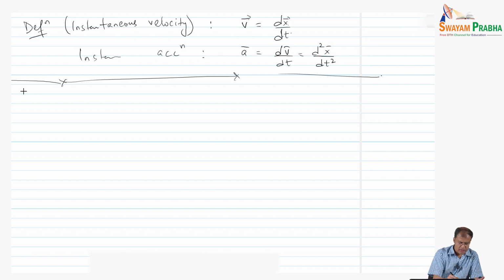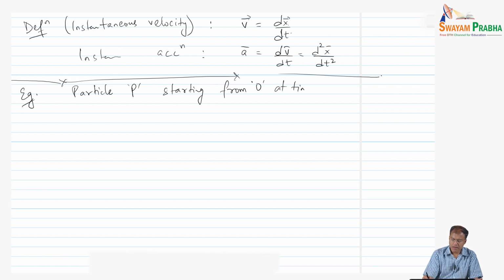Suppose we have a particle P, which is starting from point O at time t, and it has a position vector given by the following formula: r is t cube minus 6t square plus 4.